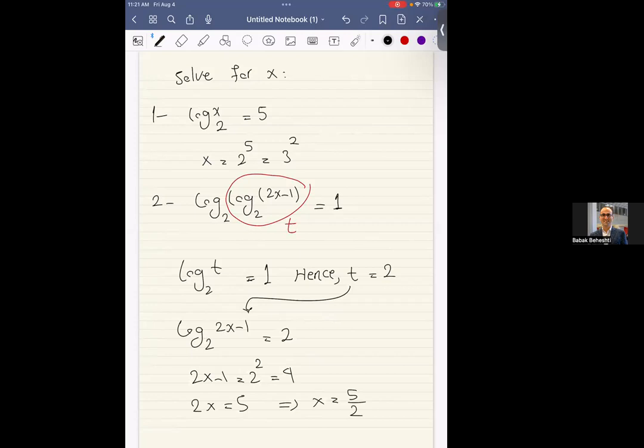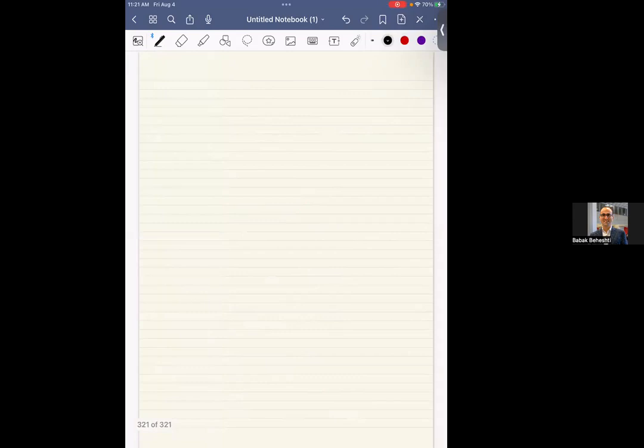Now, maybe the most important exponential function is the function e to the x. So the most important exponential function is f of x equal to e to the power x. Now, what is e? e is a number.